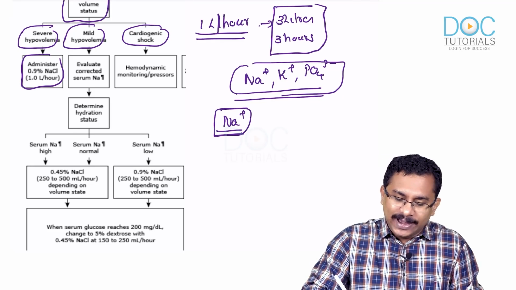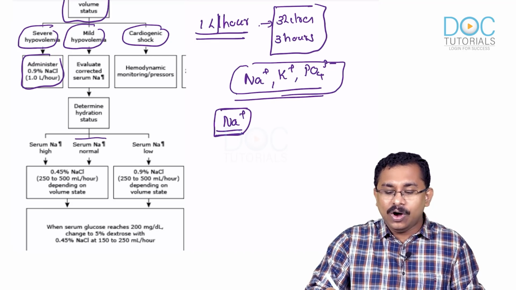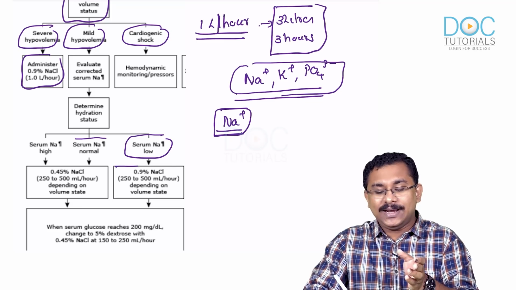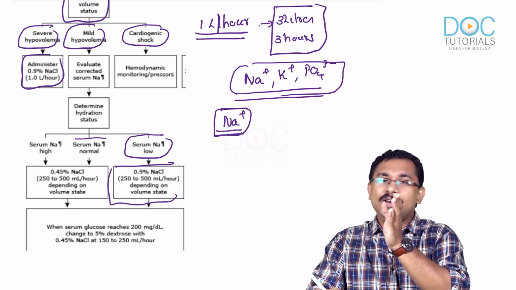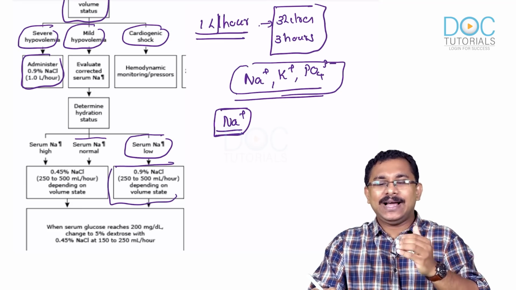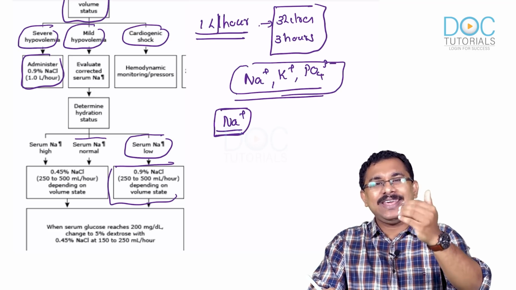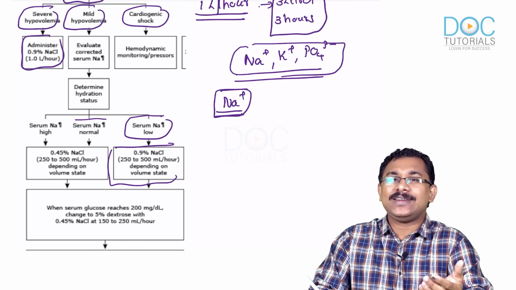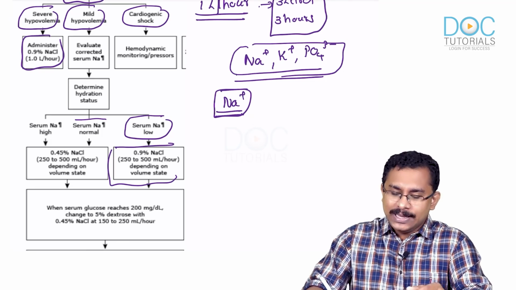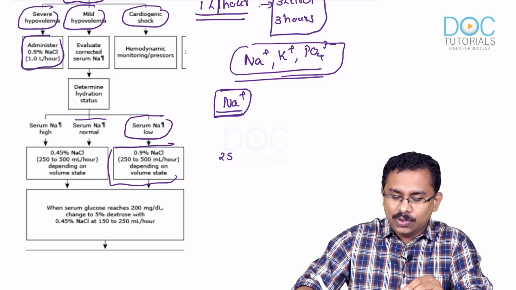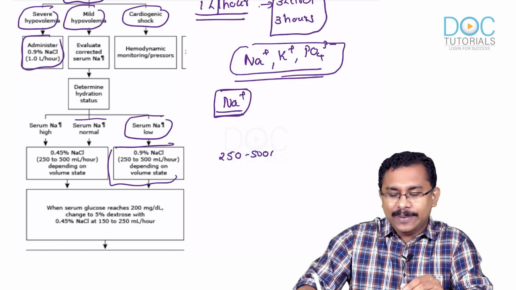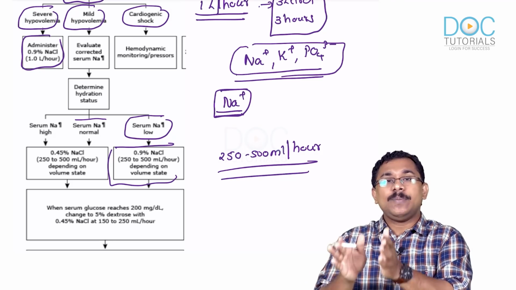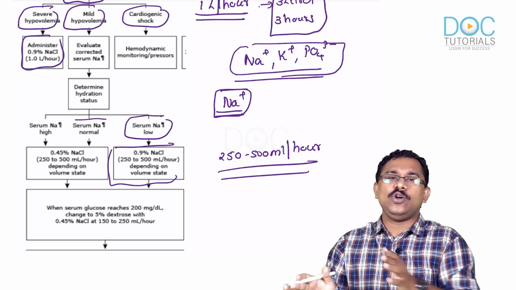And if the sodium value is normal, or if the sodium value is still low, in that scenario, you can continue infusion with your normal saline. But after the initial 3 hours, you can think of reducing the infusion rate, because previously you were giving at a rate of 1 liter per hour. Now you can reduce the rate to around 250 to 500 ml per hour. But remember, normal saline can be used provided the sodium level is on the lower side.